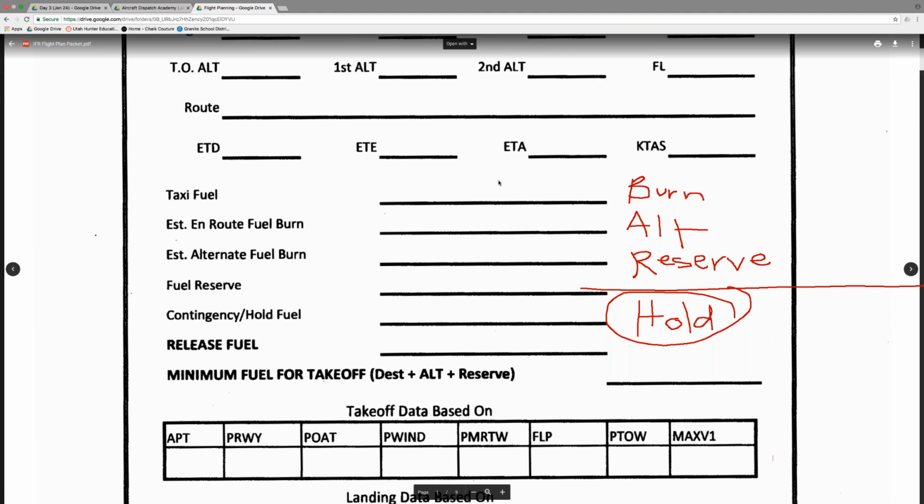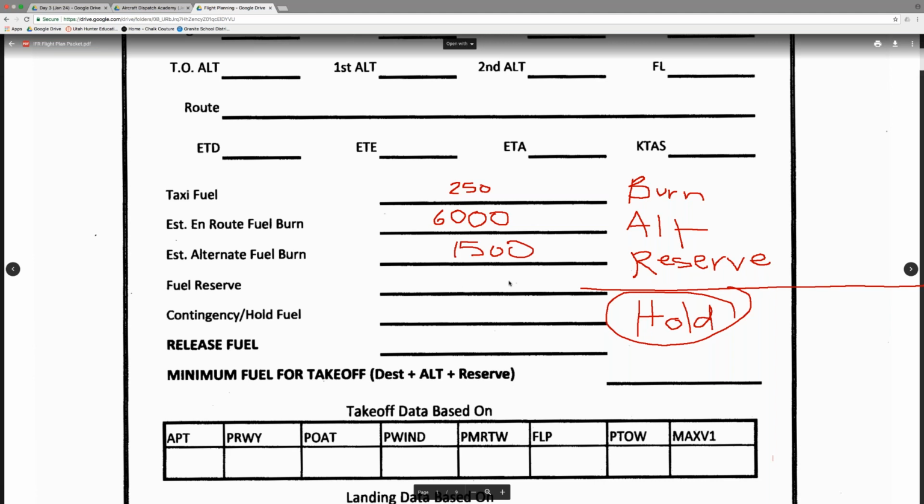As you can see here, taxi fuel in this class we'll just plan 15 minutes, or that equates to approximately 250 pounds. Now let's say that our en route fuel is 6,000 pounds. Our alternate will be an additional 1,500 pounds.